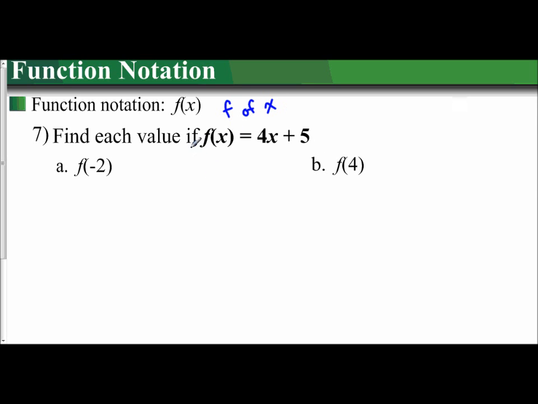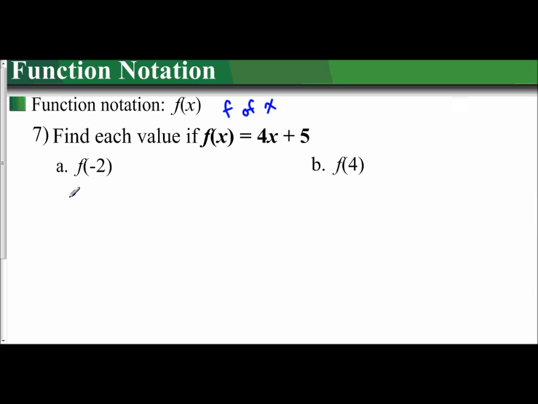So in the first example, we have f of x equals 4x plus 5. Part A says find f of negative 2. Part B says find f of 4. Now what this means, f of negative 2, is that your x is replaced with negative 2. So in the function, replace x with negative 2.